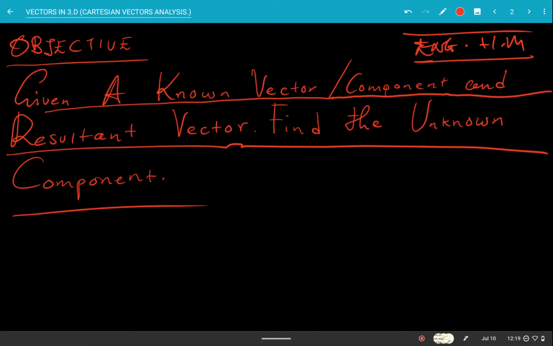It can also be vice versa, but provided that they have given you two things, it's okay to find the other missing thing, because having two things gives you enough information to find the missing one. So given a known component and the resultant vector, let's find the unknown component. We have one known component, and we need to find the other component that's not known.